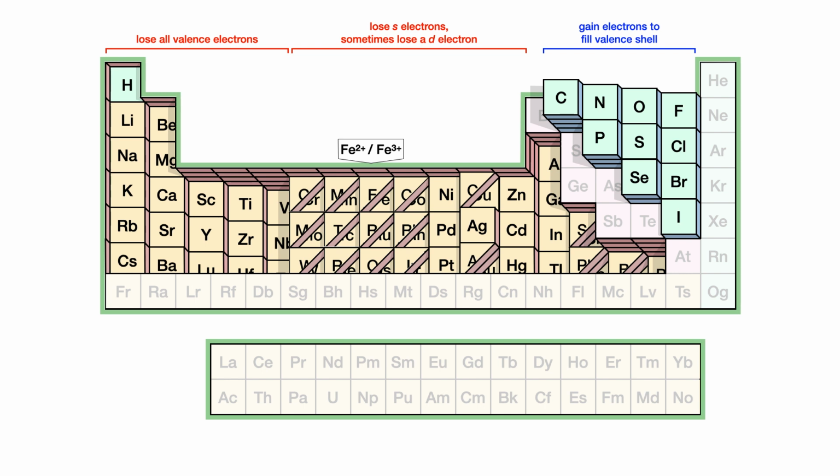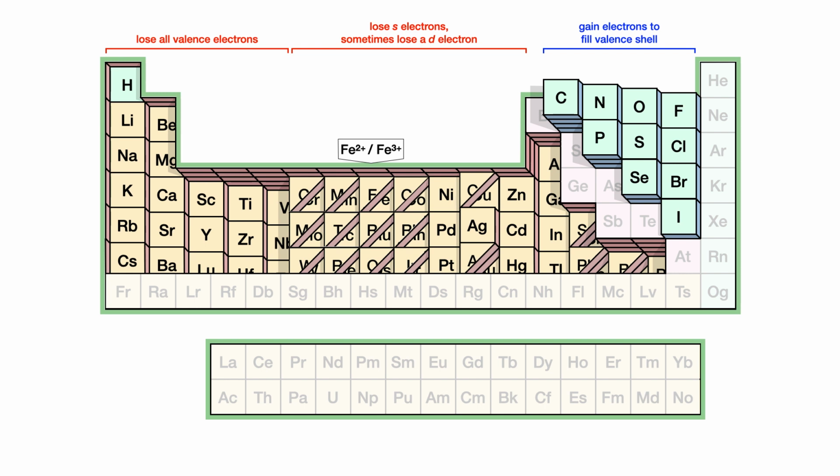You won't just lose electrons forever. With these intermediate metals, the s electrons will go, and then one of the d electrons may also go, and so you'll typically have metals that have a choice of which ion they're going to form.